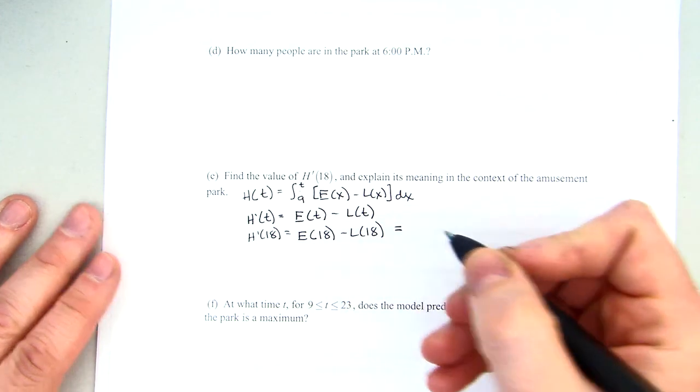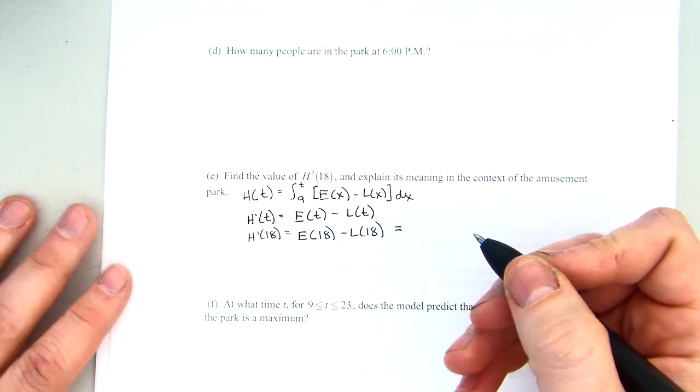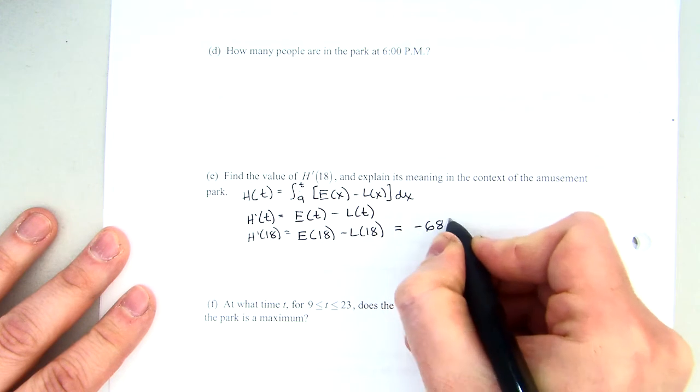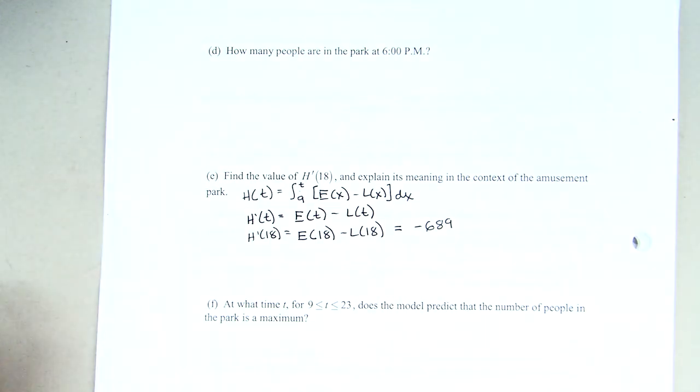And I think it's actually a nice number. Negative 689. Okay. I need to explain what this means.